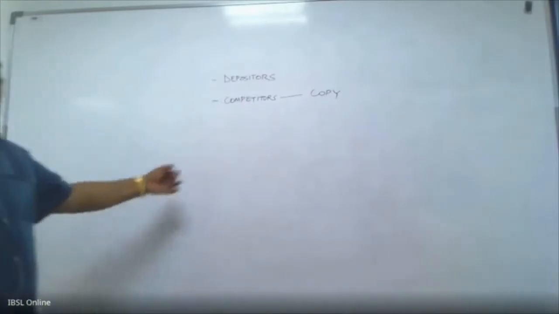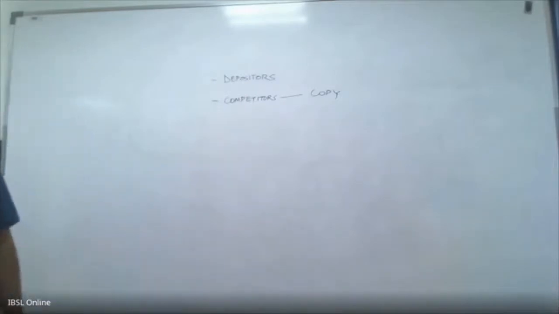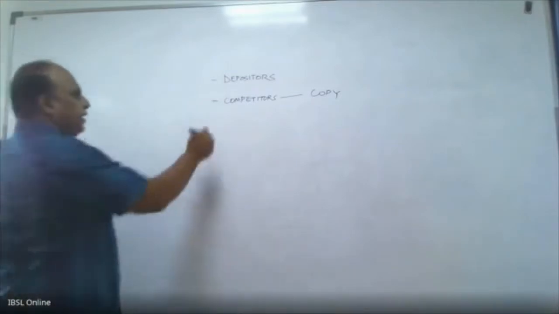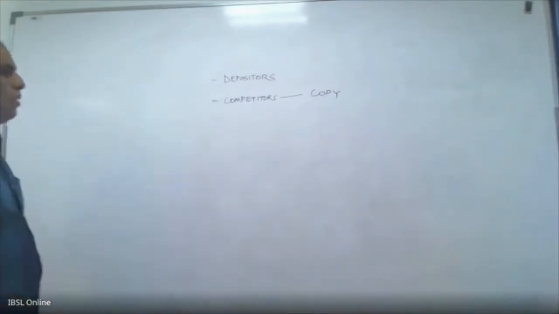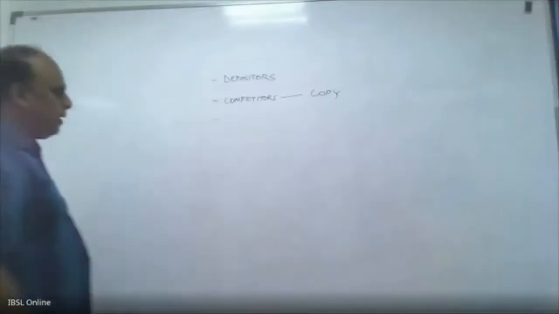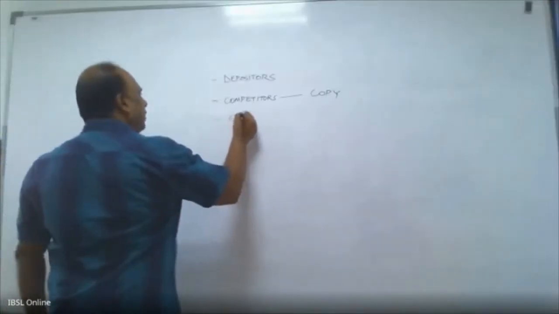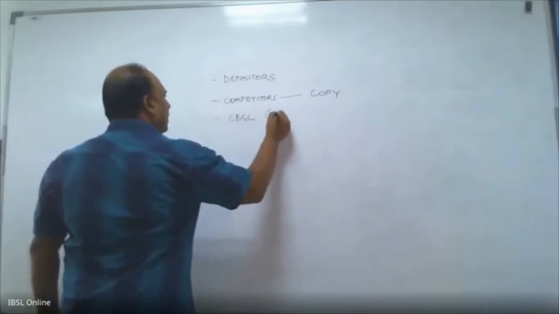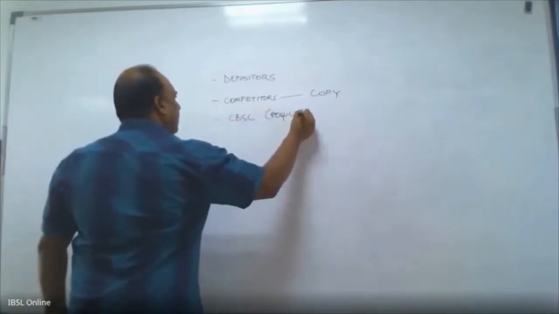Very soon you will see a similar product in the market. Some other bank will come with that. So competitor is one of them. Yes, good. Right, then central bank, because they are the regulators.